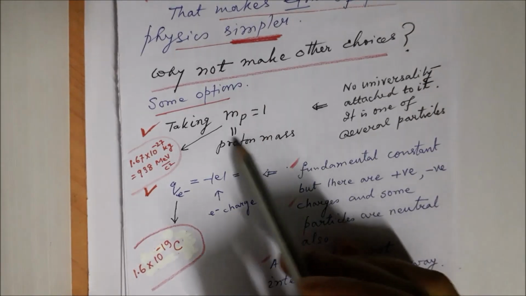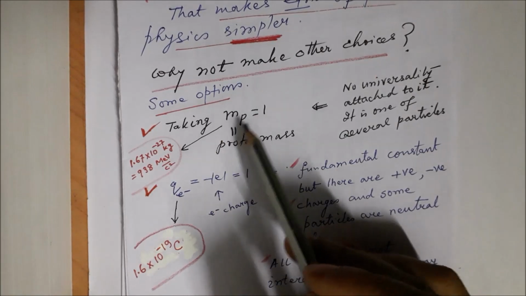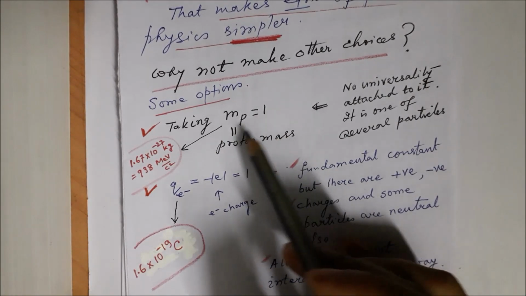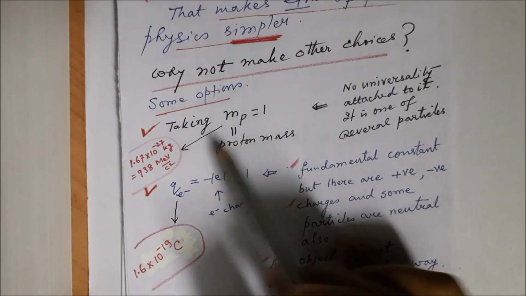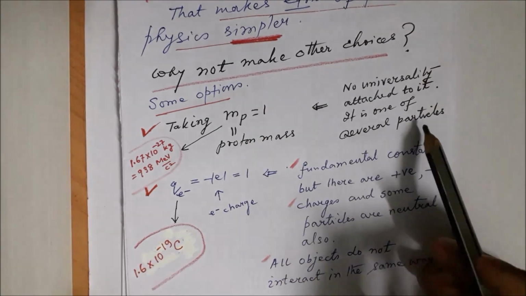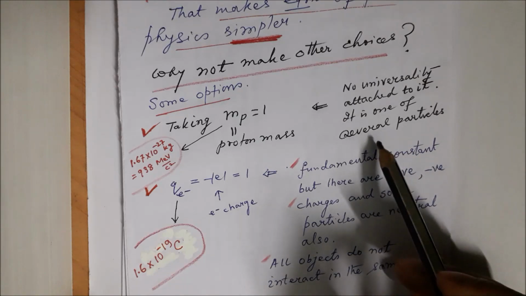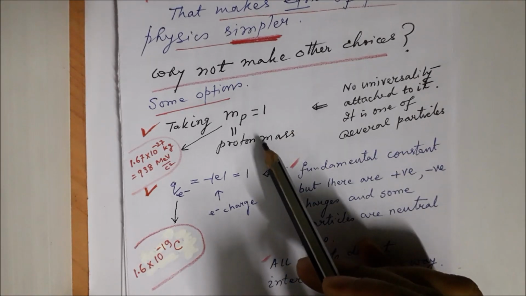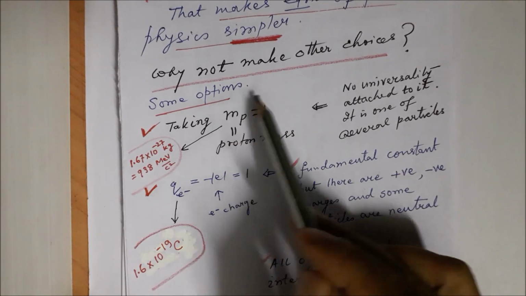This is not a good choice because there is no universality attached to it. Proton happens to be one of the several particles. So there is no universality that is associated with this mass.